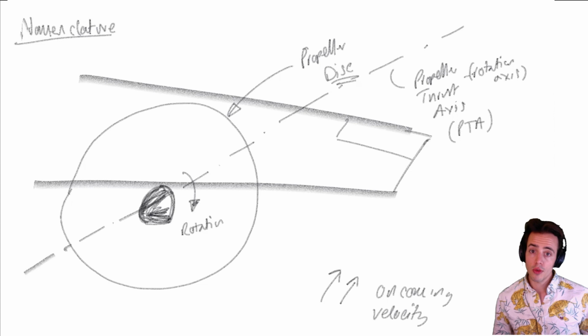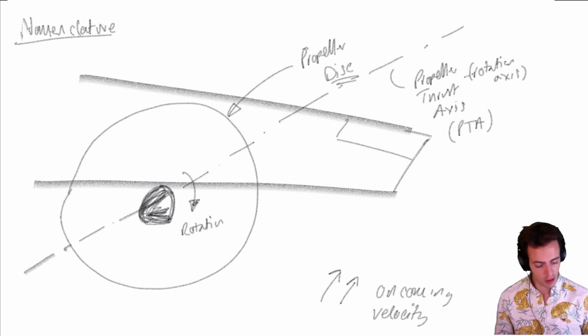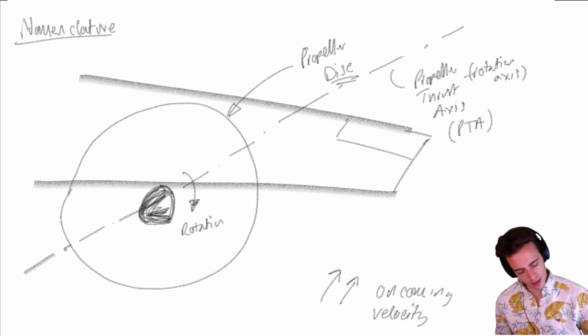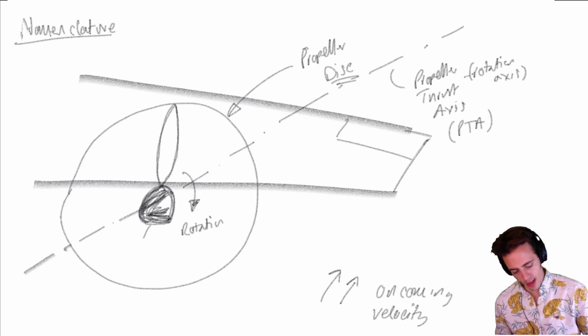We're then going to draw some blades on it. The propeller won't do anything without blades, so let's draw one on. We've always got at least two. Let's draw two blades on here. I'll draw one at the top and one at the bottom.